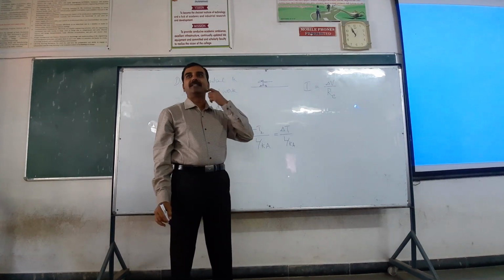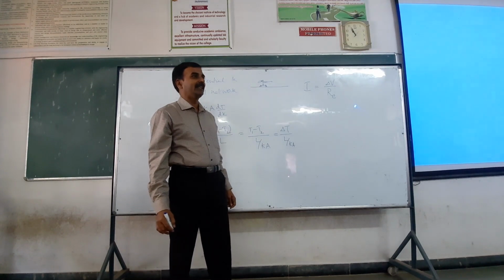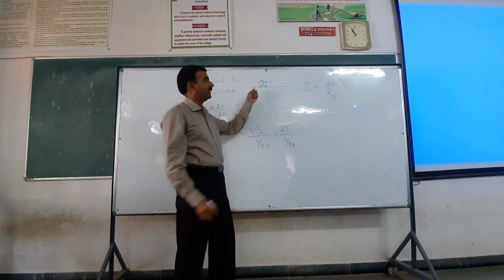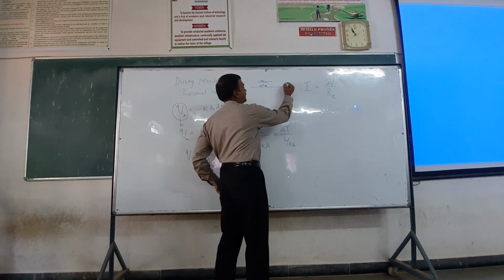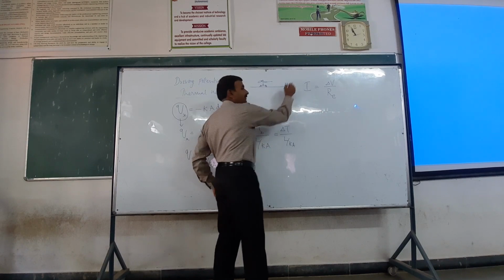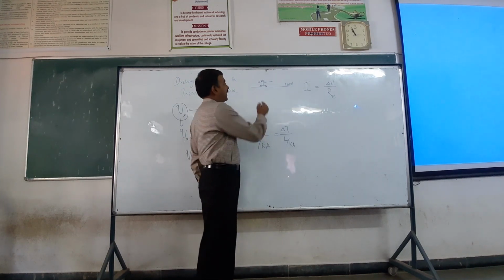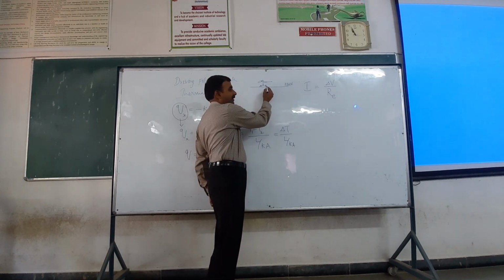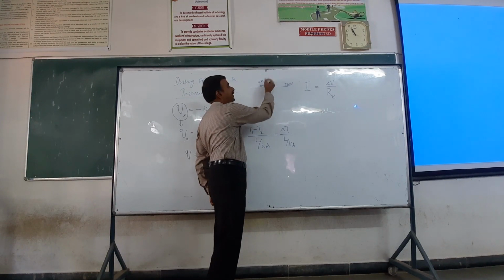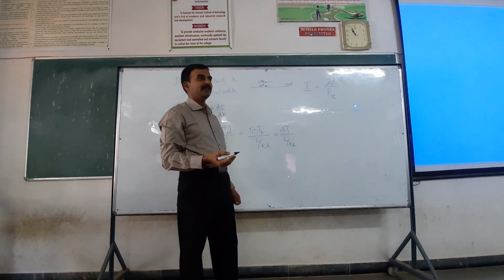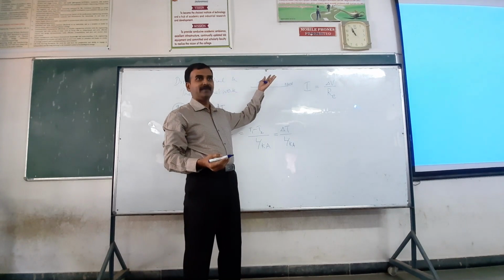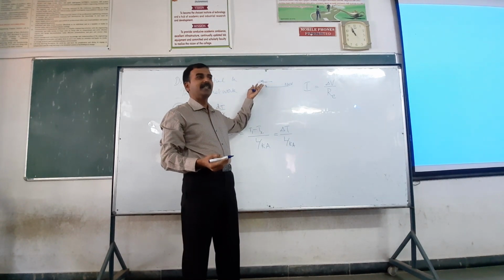Nothing is happening to it. The reason is, see, there is a potential here. Let's say this is a 230 volt line. And the moment it touches, it may try to go there, but where should it go? There must be another end of it. There is nothing like that.